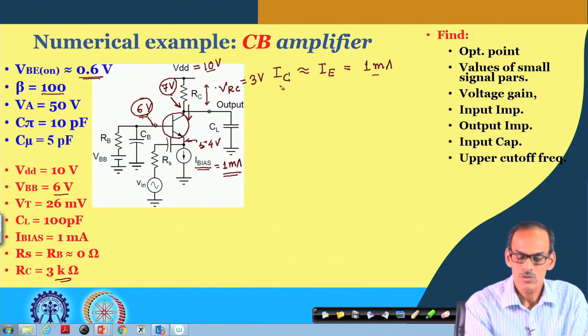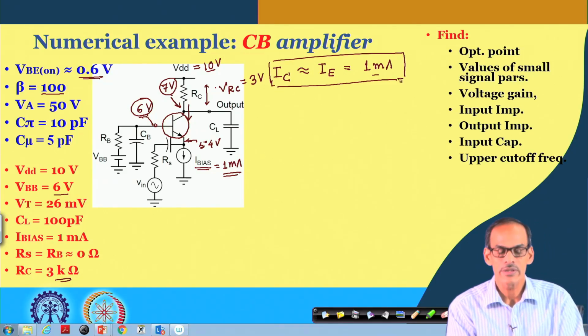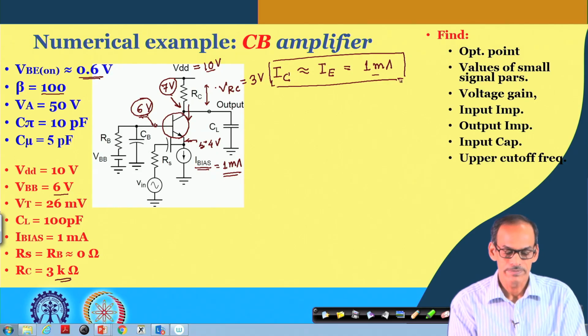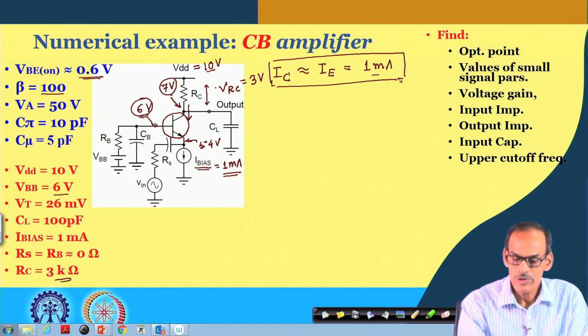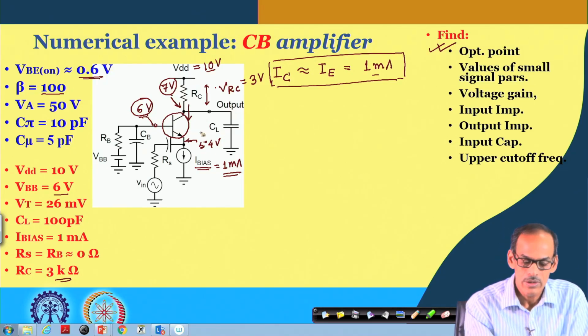In fact, to consider this approximation, it is very important to ensure that the transistor is in active region of operation. So, that is how we obtain I c. Now the operating point is obtained. In fact, we can find the corresponding VCE voltage, which is 7 minus 5.4 here.